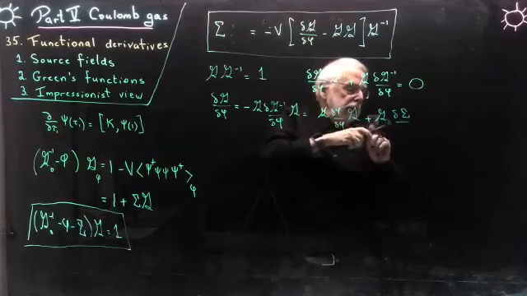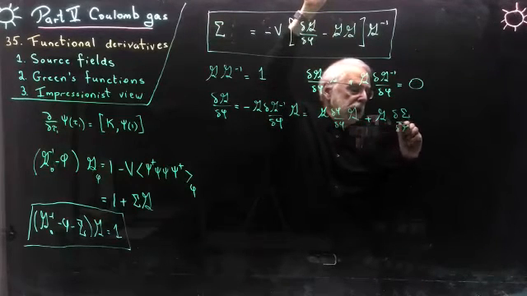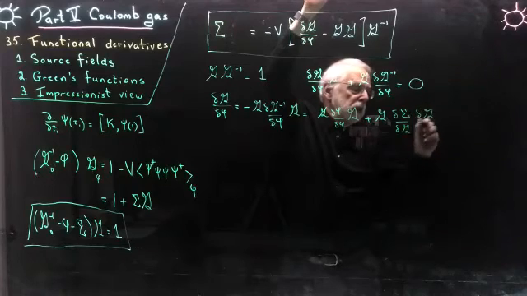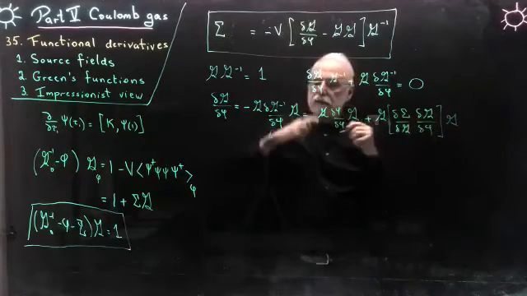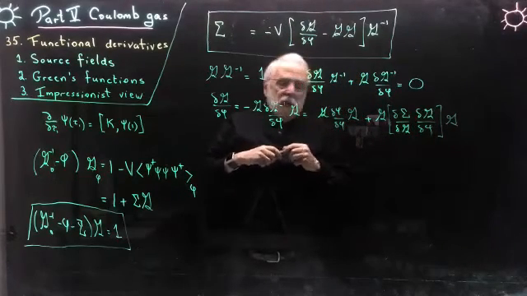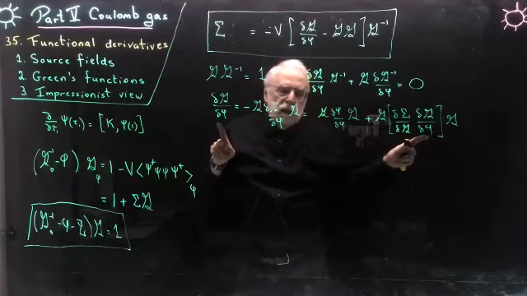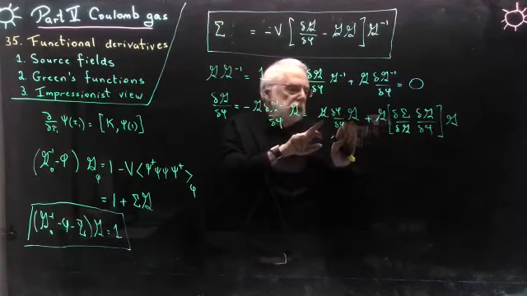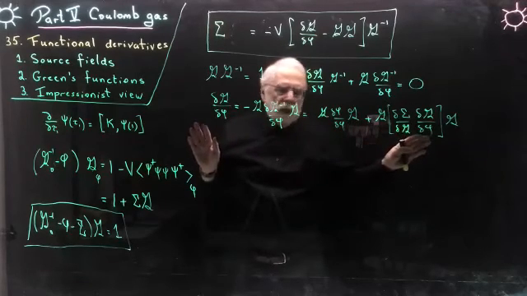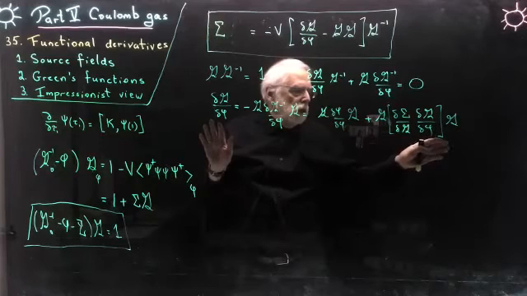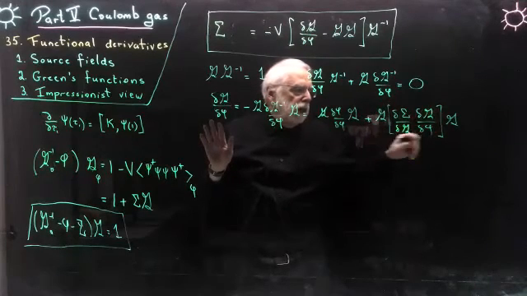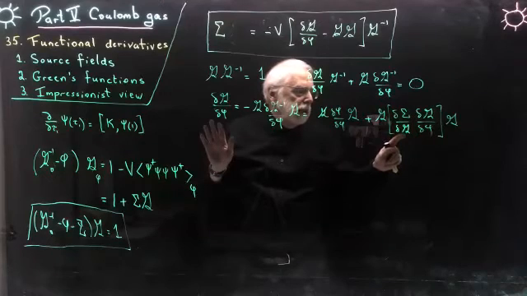So this I can write as delta sigma delta G times delta G delta phi, and I add times G. Now you see I have delta G delta phi that comes on both sides. So in the non-interacting case, I would have just this. But now it comes on both sides. So these are called the vertex corrections. And this one is called an irreducible vertex.